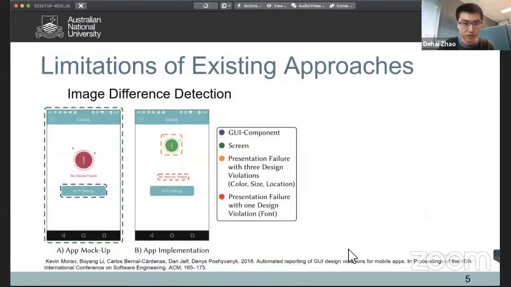Previous work used computer vision-based methods to detect violations of the implemented GUI against the GUI design. However, their technique only focuses on static GUIs, and they assume that the two GUIs are largely similar but have minor differences.